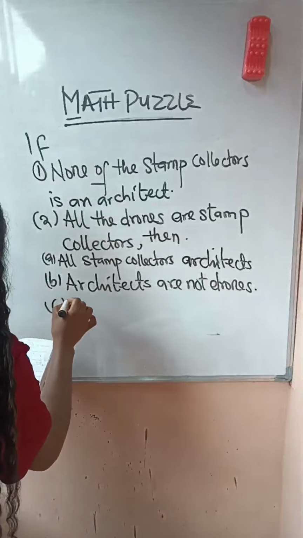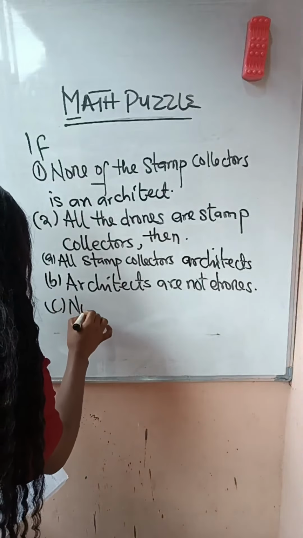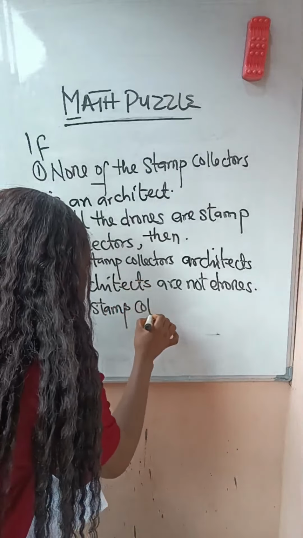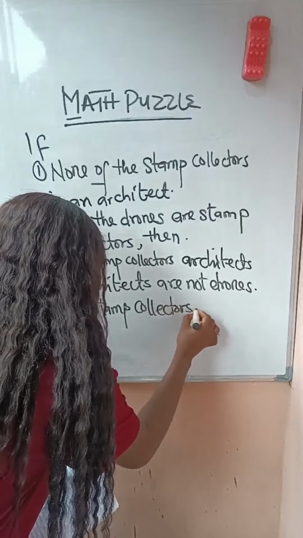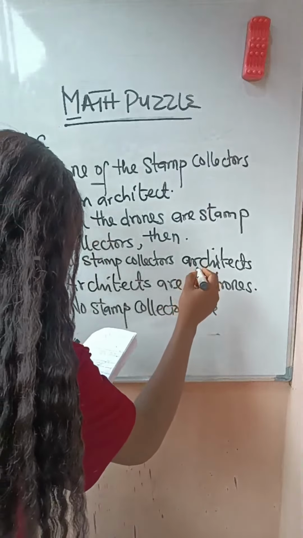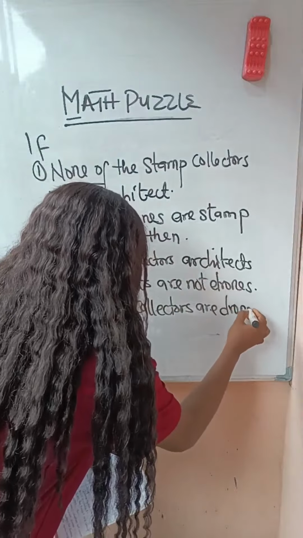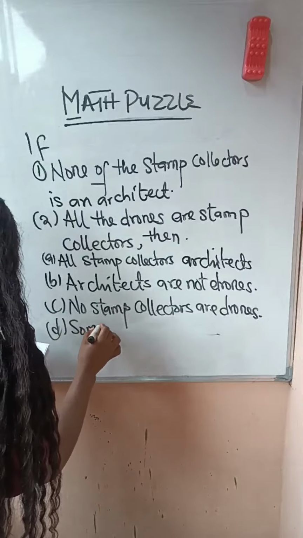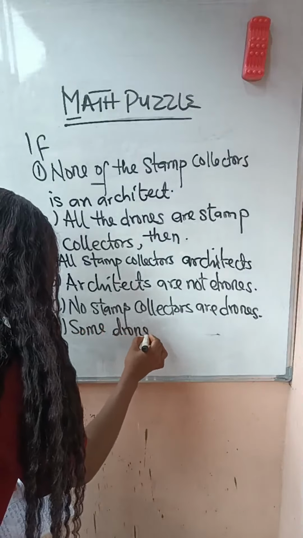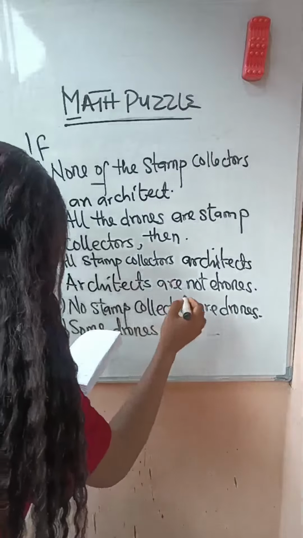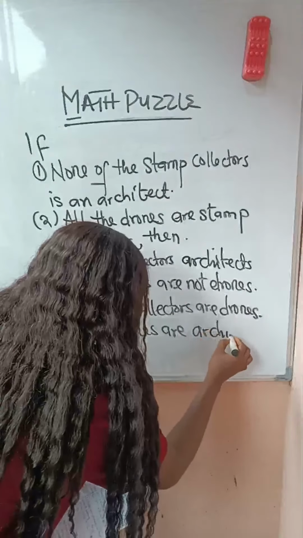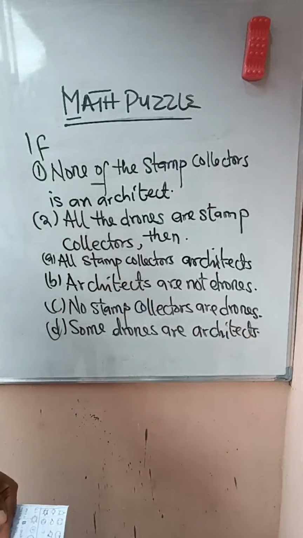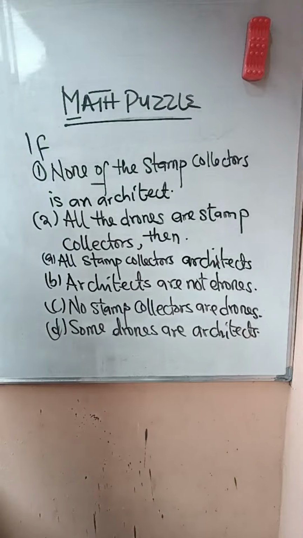Then option C says no stamp collectors are drones. And option D says some drones are architects. Okay, so that is the question, and it is under logic.